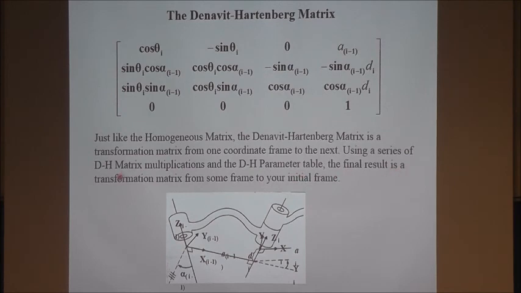The final result is the transformation matrix from some frame to your initial frame. So eventually you can move on from Z i minus 1 to Z i to Z i plus 1, all the way to the very end.